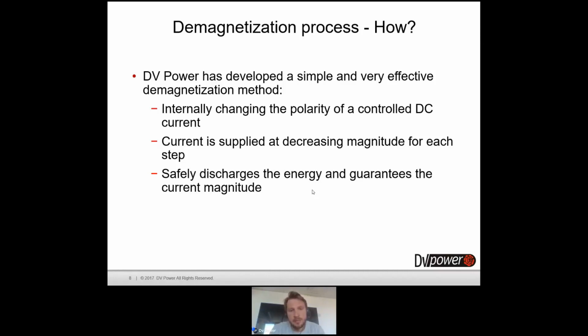With the same process, we have successfully performed the demagnetization. Basically, we use DC voltage and change polarity, plus minus, and in that way we change the current direction. We change the polarity and decrease the current in each step, and in that way we demagnetize the transformer.